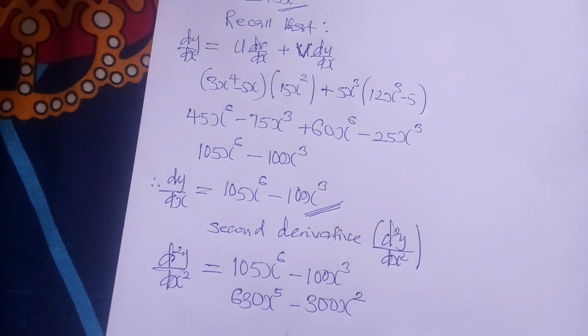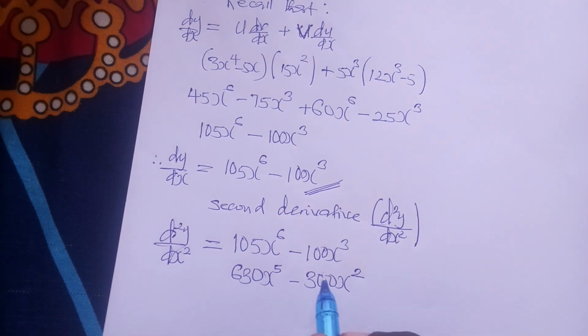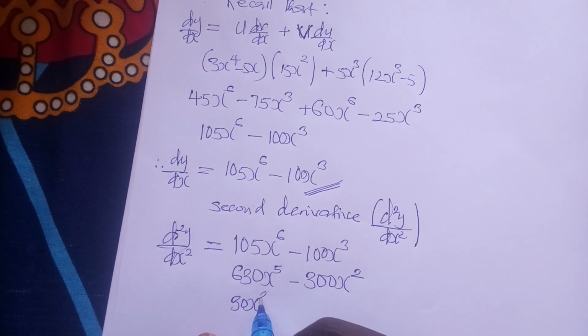Having gone from this point, what are we to do here next? If you want, you can factorize, or you leave your answer from this point. So any of the two methods you prefer, you're going to have the same answer. If you want, you can stop from this point, or you factorize. Now if you want to factorize, what do you think? It is here and it is also here. It is 30x, this is 30x squared.